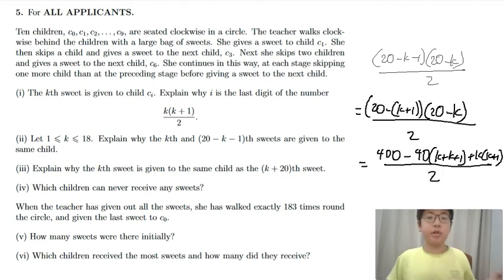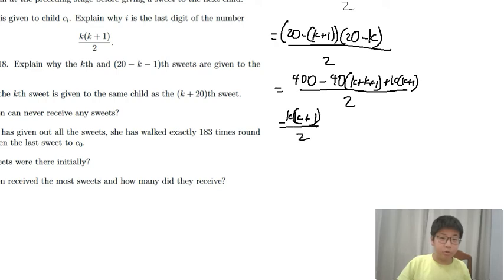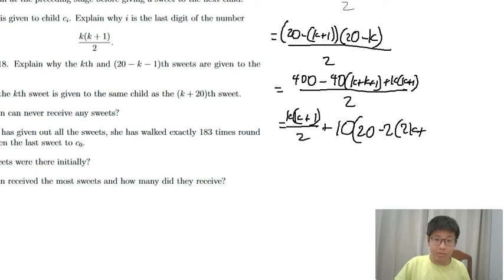And guess what this is trying to tell us? We can say very safely that this is k(k+1)/2 plus 10 times (20 minus 2k minus 1).